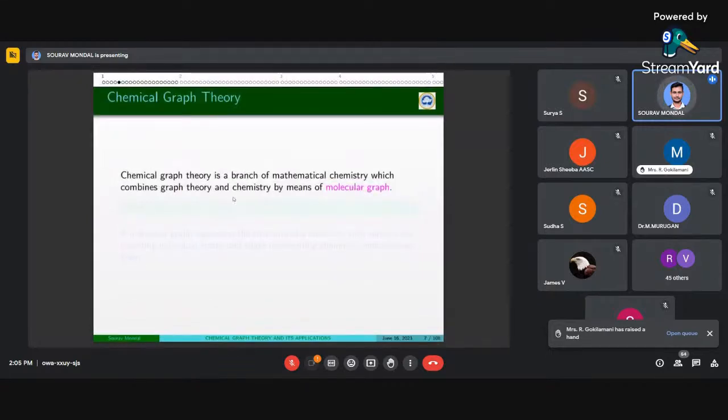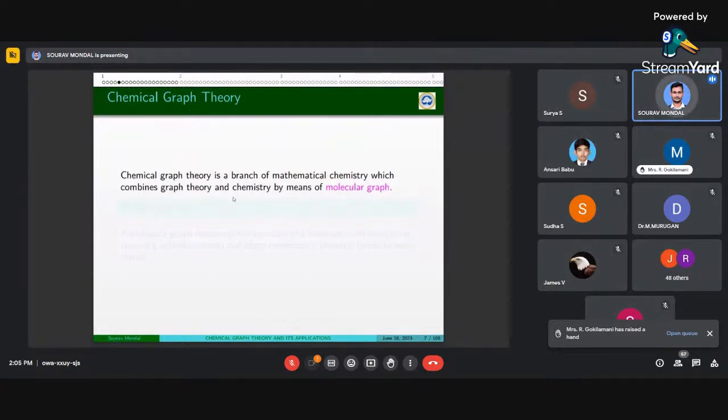One such applicable area of graph theory is chemical graph theory. Basically, it's a branch of mathematical chemistry that connects graph theory and chemical sciences by means of the molecular graph.